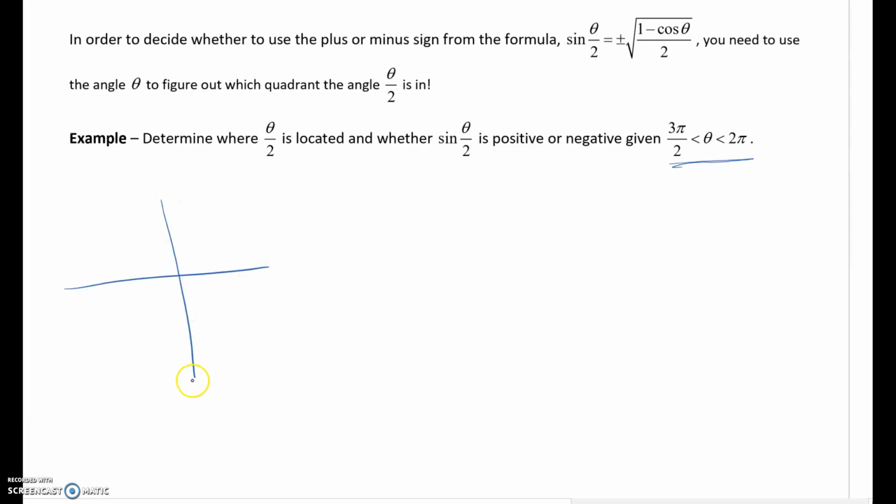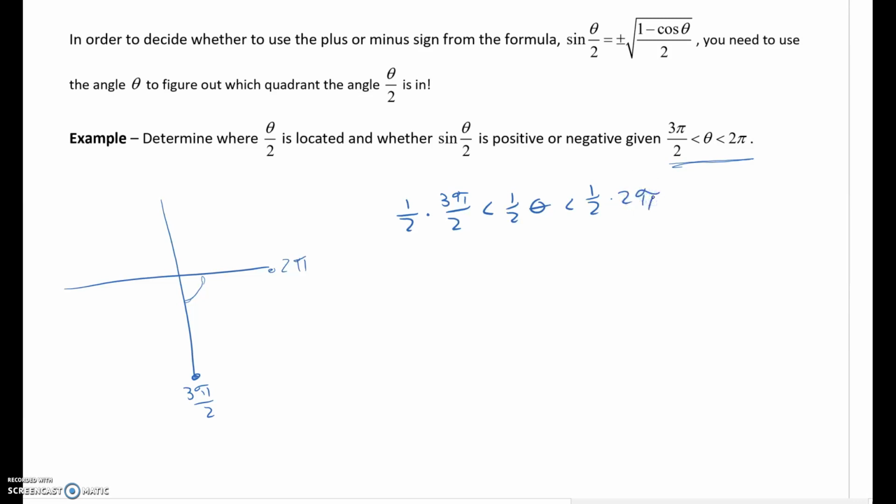So here's 3 pi over 2, and here's 2 pi. So my original angle is somewhere in the fourth quadrant. Now, if I want to do the half angle, I need to multiply everything in there by a half. So I have 1/2 times 3 pi over 2 is less than 1/2 times my angle, which is less than 1/2 times 2 pi.